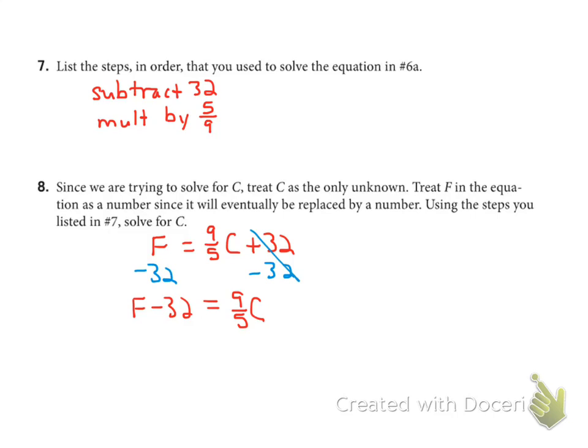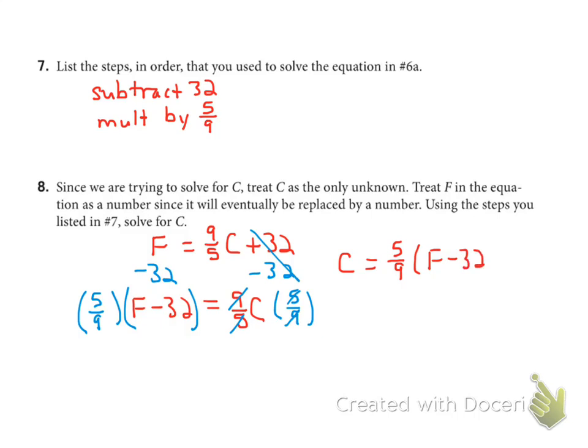The next step is to multiply by 5/9. So the right side, the 9's cancel and the 5's cancel, and we're left with C. And we have 5/9 times the quantity F minus 32.